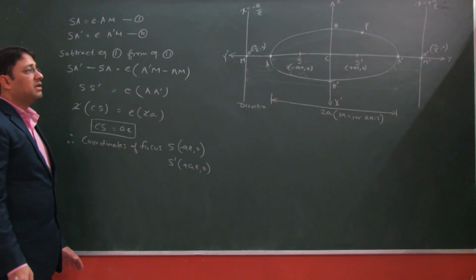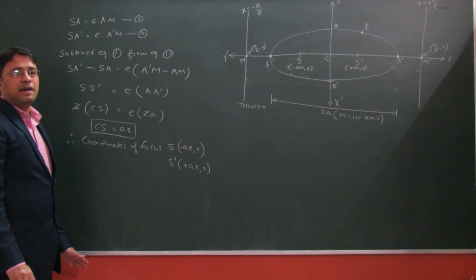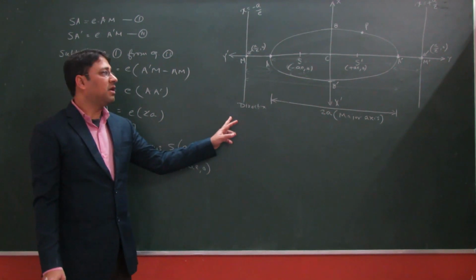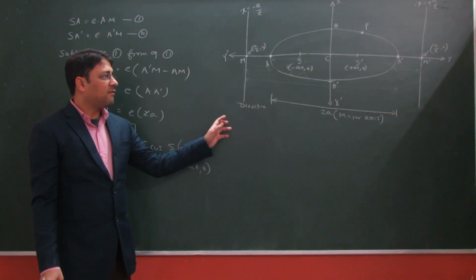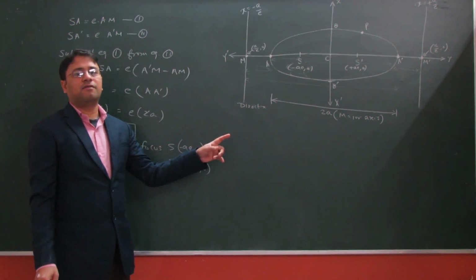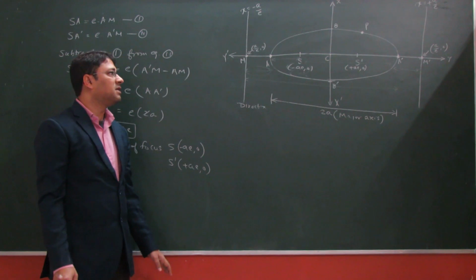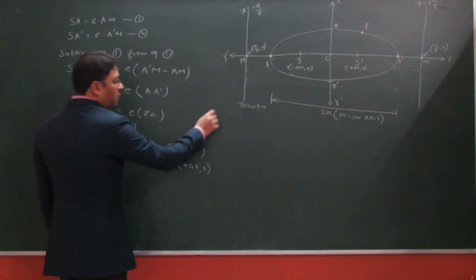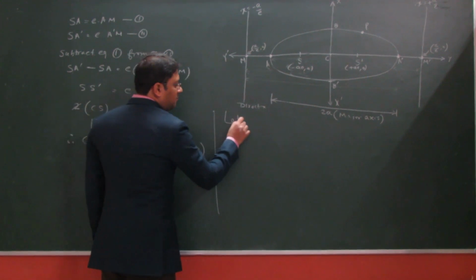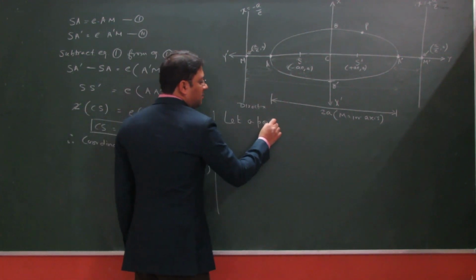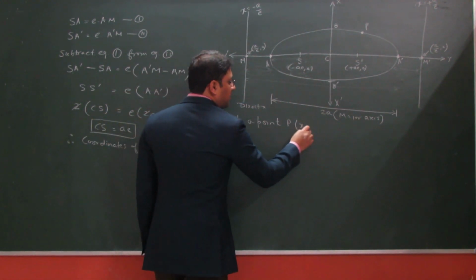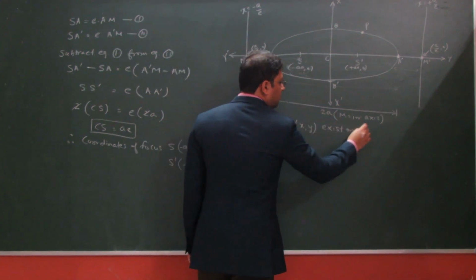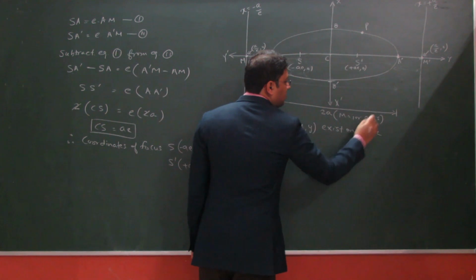Now as we have got the coordinates of the focus as well as the equation of the directrix, we can go forward to find the standard form equation of the ellipse. For that, let a point P (x, y) exist on the ellipse.